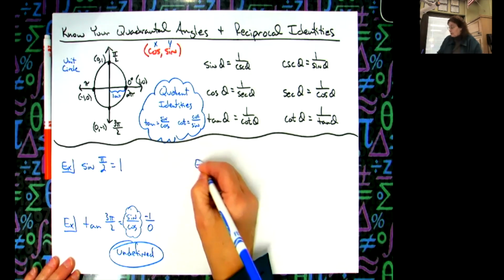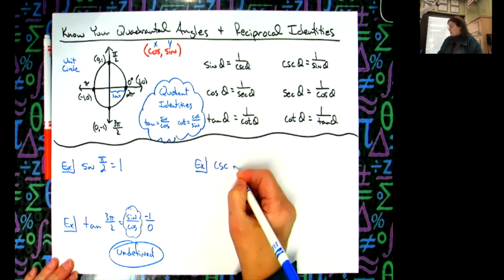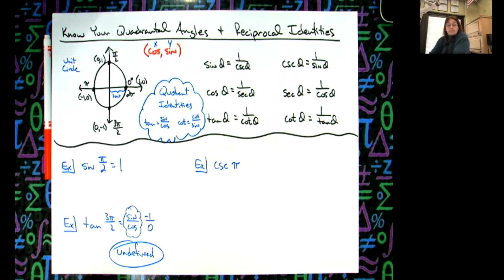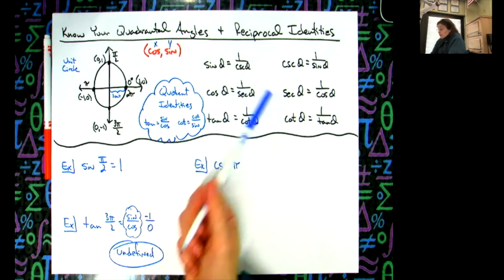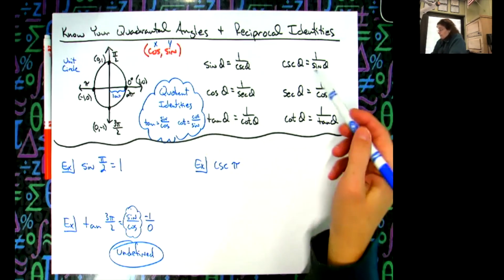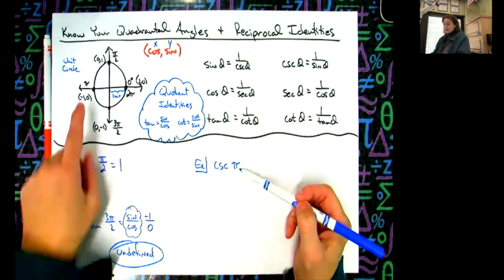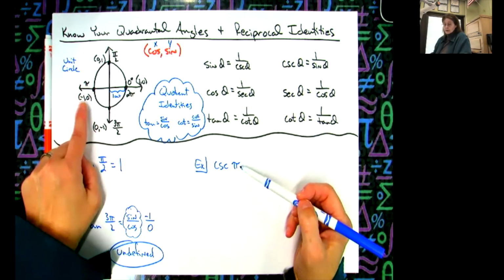Let's also take a look at, say, cosecant of pi. If I'm working with a lot of reciprocal identities and my quotient identities here, about the only thing I see that's going to do any good is 1 over sine. That's good because if I'm at pi on my circle, I know sine and cosine.